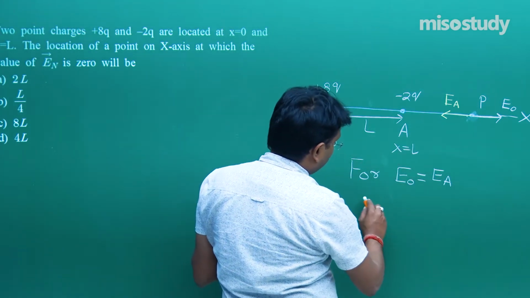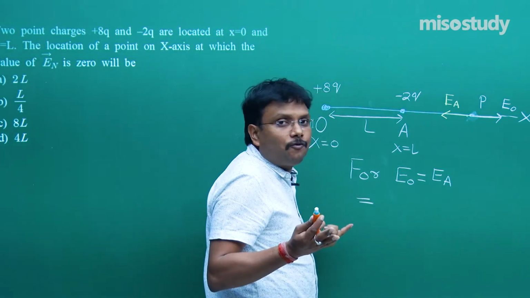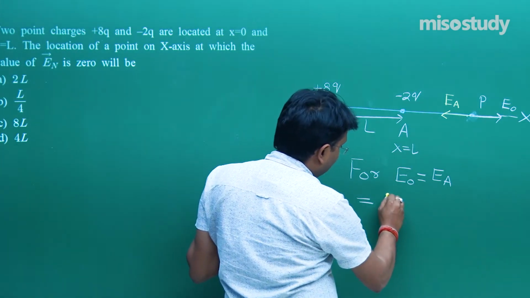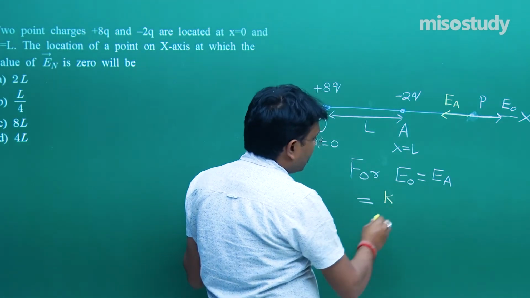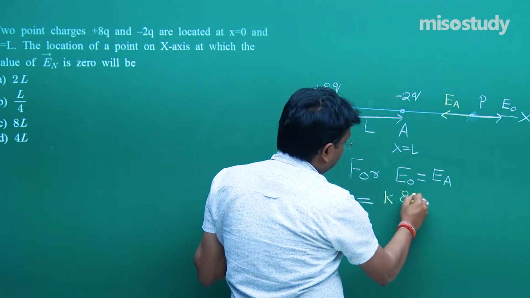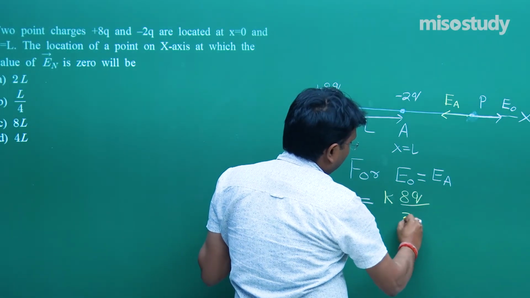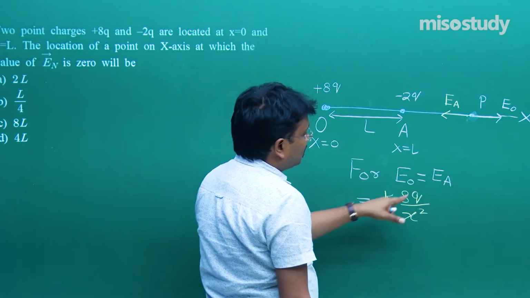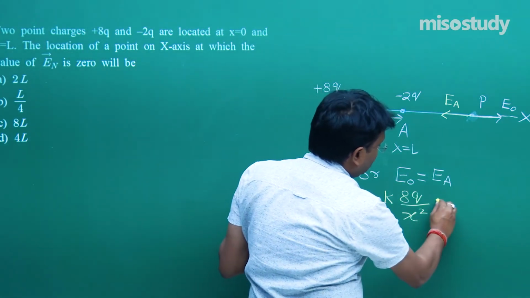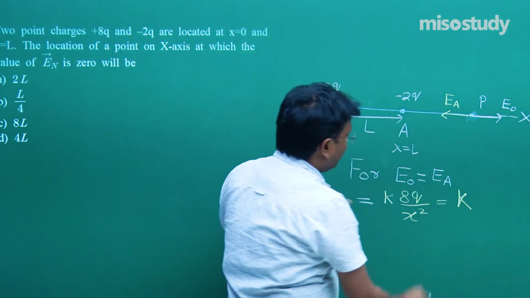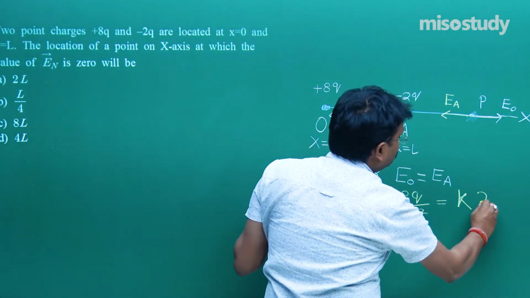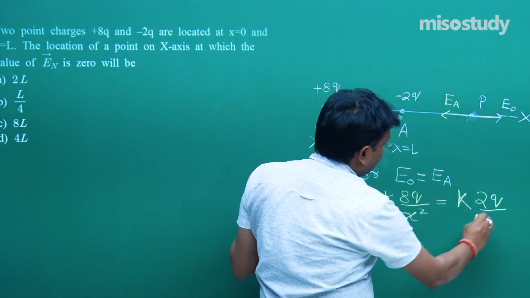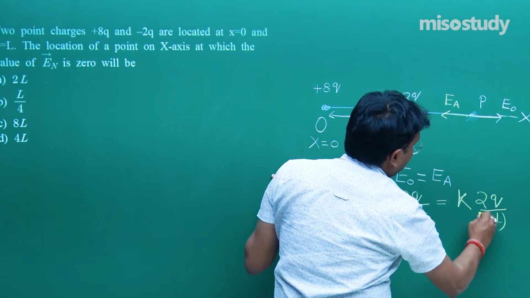Fine. So, let us put the value over here, and the basic formula we know. So, we are going to put that formula, that is K into 8q over x square. This distance is, let us say, x. And then this EA value is going to be again K and then 2q upon this distance of x minus L whole square.